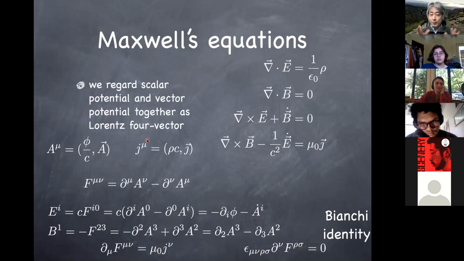Once you put everything into four vectors, you can write down the field strength with just one line. You don't need to write down E and B separately. You can write the full Maxwell equation in a single line. And the two middle equations are just pure identities by commuting two derivatives against each other. So that's how you can come up with a simpler description of physics now that you know relativity.